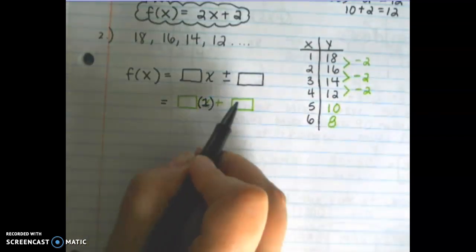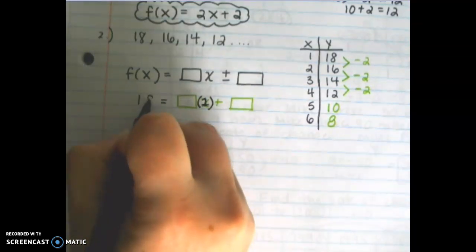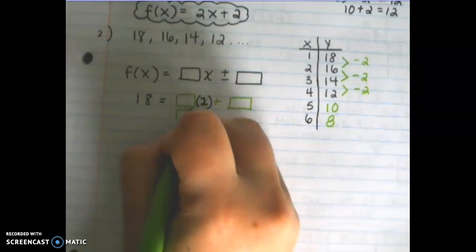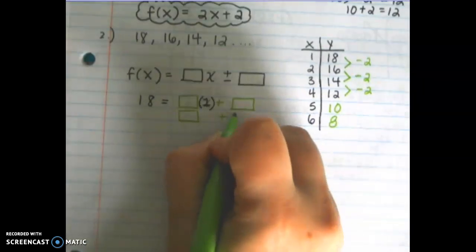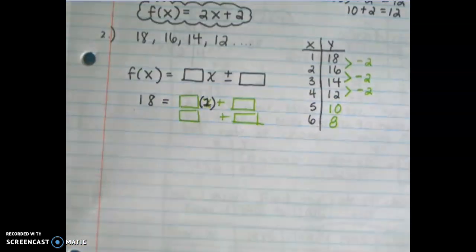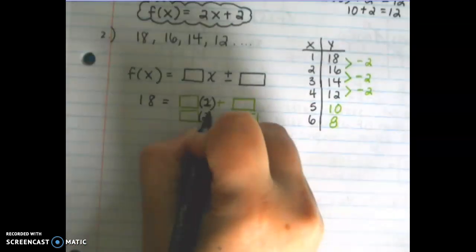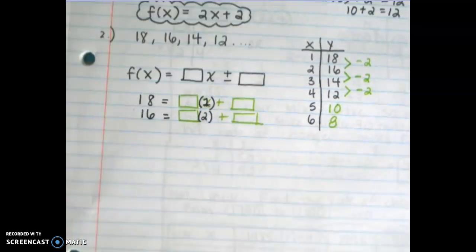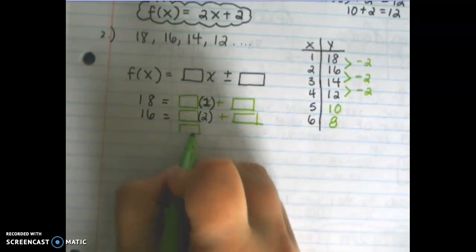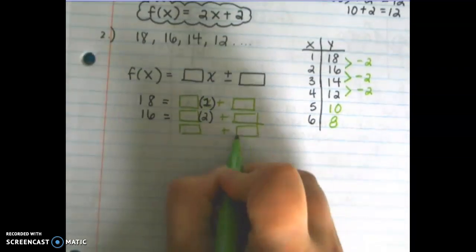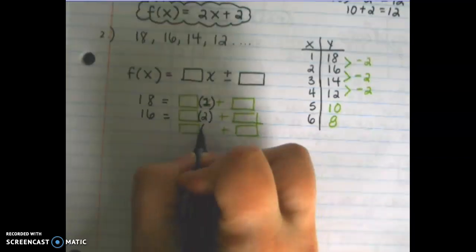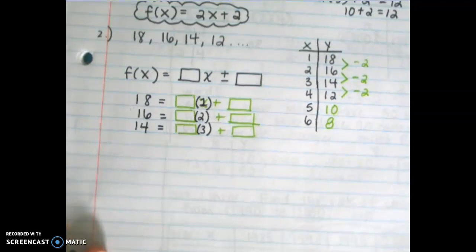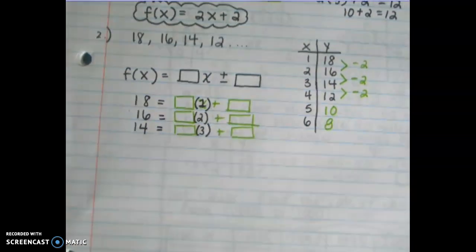Something times 1 plus another number has to give me 18. The rule has to be the same no matter what number I plug in. So something times 2 plus something else has to give me 16. And then that same number times 3 has to give me 14.